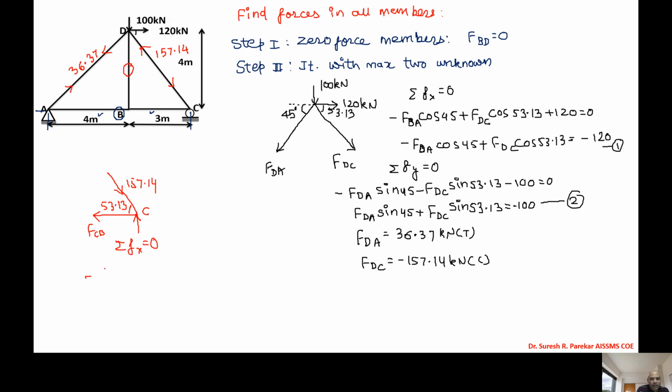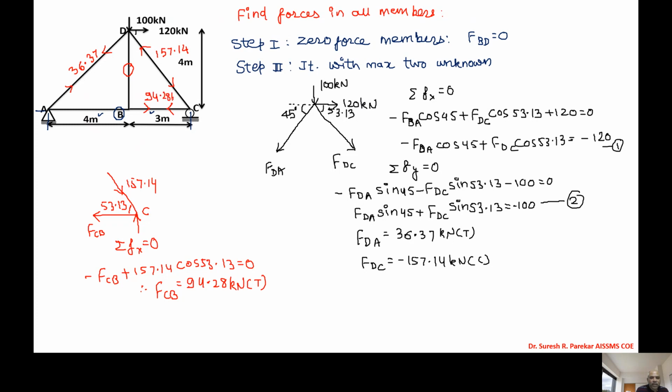You have minus FCB plus 157.14 cos 53.13 equal to 0, and we get the value of FCB as 157.14 cos 53.13, and that value is 94.28 kilonewton. Positive means tensile.